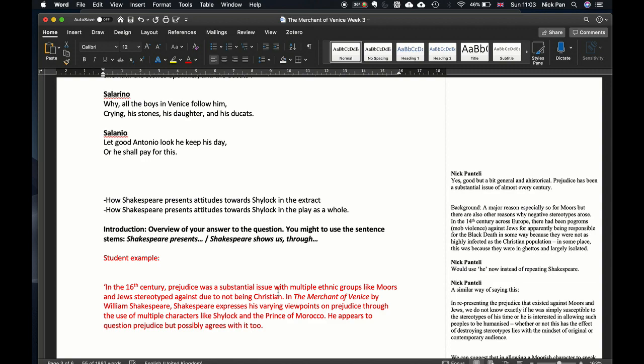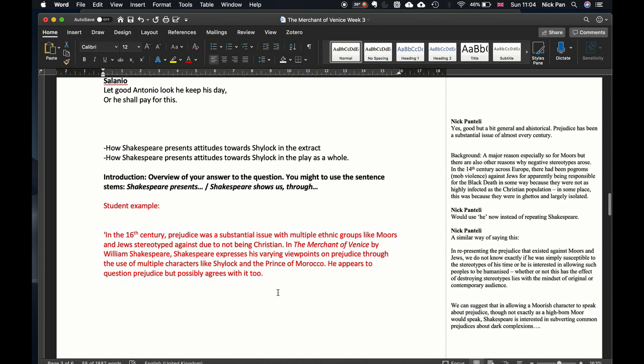This had to do, in modern terms, with the fact that they were in ghettos and largely isolated, and were not so vulnerable to the risk of infection. At least that's one interpretation.